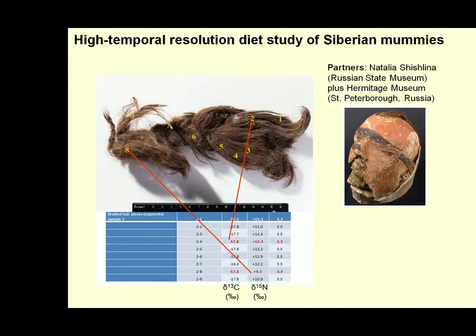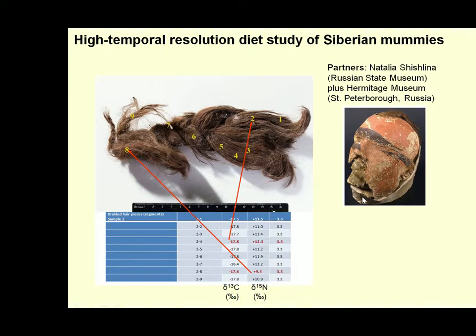And here I want to emphasize the importance of using multiple proxies. And this is exemplified in this rather simple model. Now, this simple example, this is a hair strand from a southern Siberian mummy.